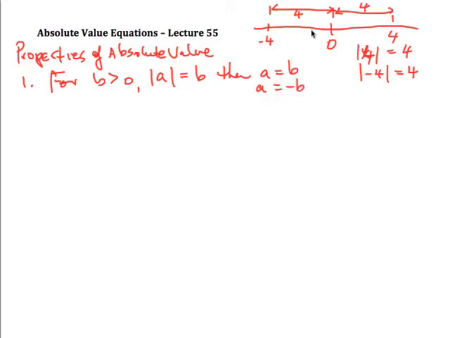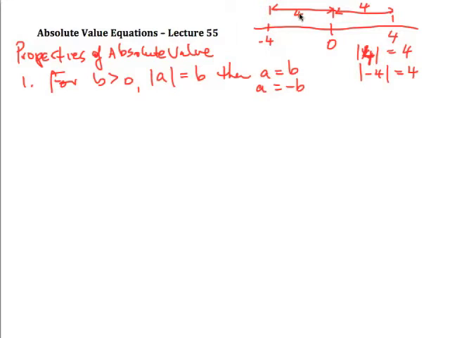So in this case, 4 would be the absolute value of 4 and negative 4. Here b would be 4, and a could be 4 or negative 4.